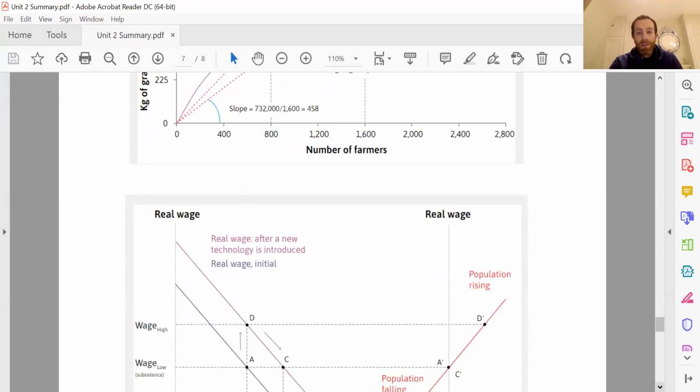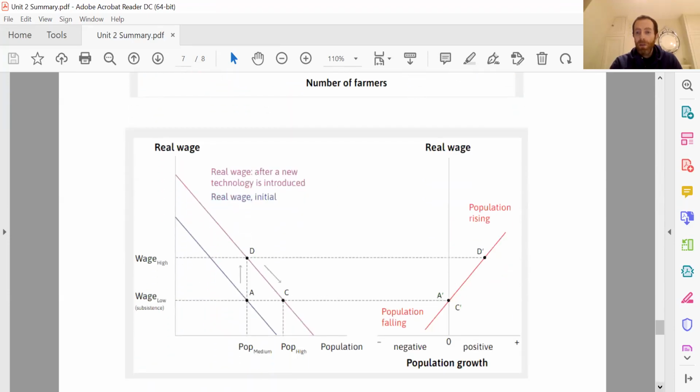And the way that Malthus's model can show this is through the use of two graphs here. The one on the left shows us the relationship between the real wage in the economy, which gives us an indication of living standards, and population levels.